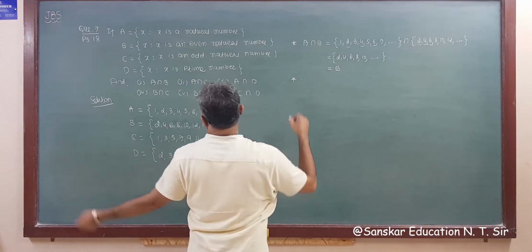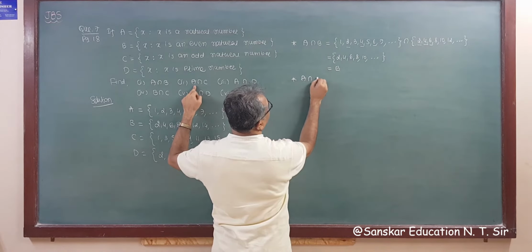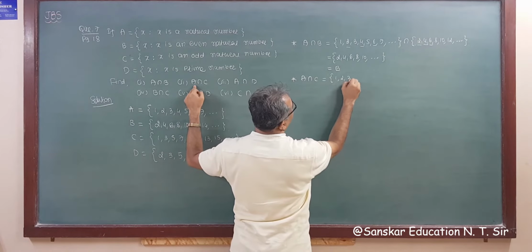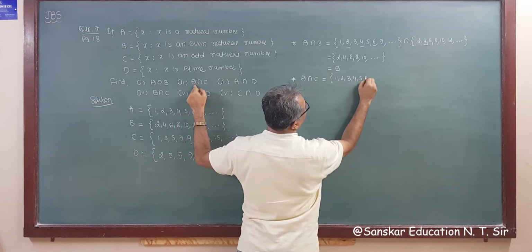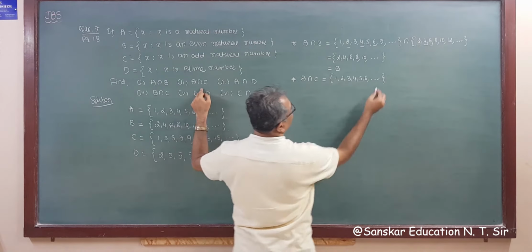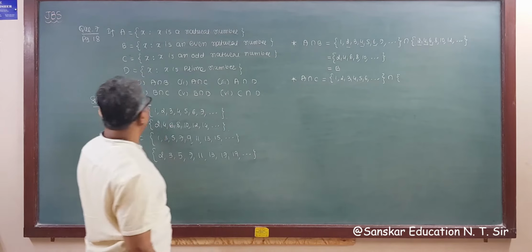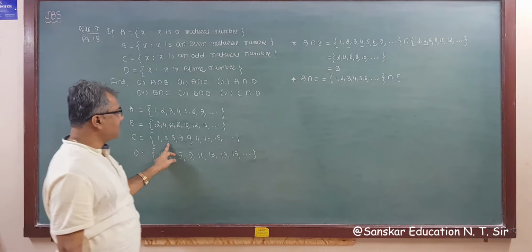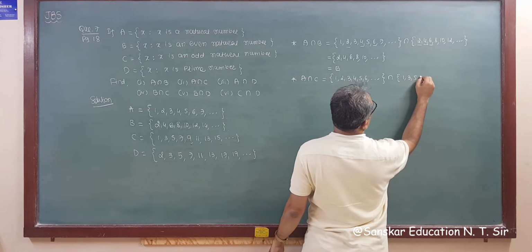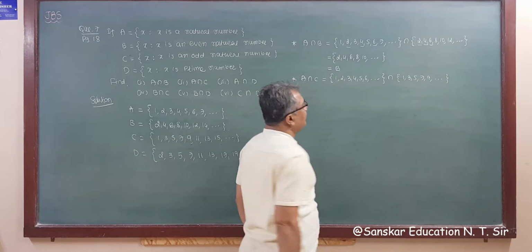Now the second question is A intersection C. So A intersection C. A is the natural numbers 1, 2, 3, 4, 5, 6, 7, and so on. I am not writing more, right? Intersection C. C is the set of odd natural numbers, so the answer is 1, 3, 5, 7, 9, and so on.